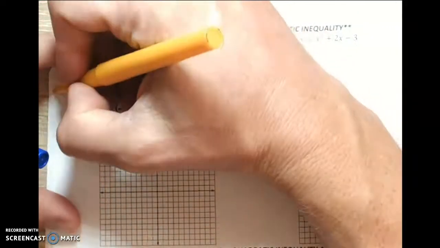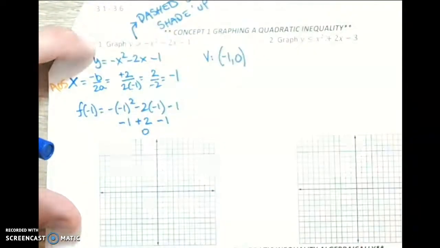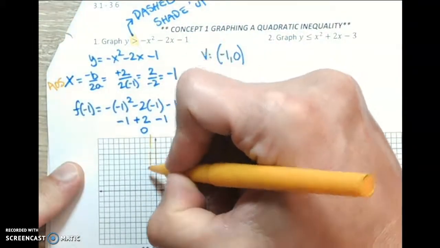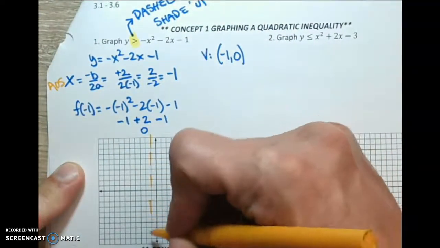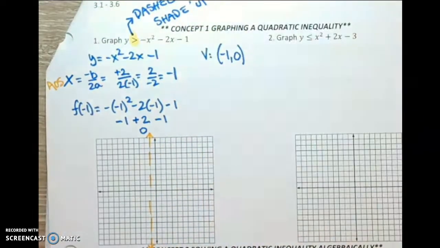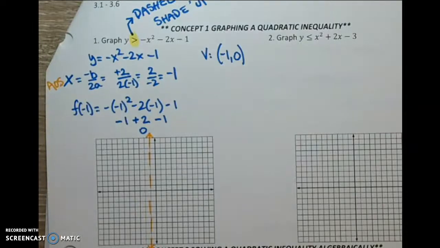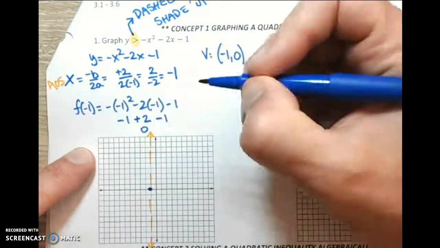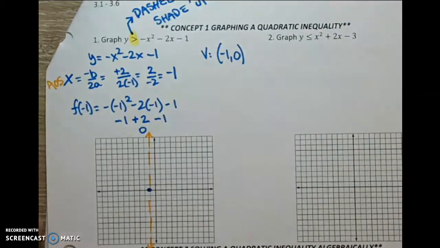Just go ahead and write AOS here. Axis of symmetry, negative 1. All right, there's my axis of symmetry, the mirror image. My vertex is at negative 1, 0, right there. Plot that point.